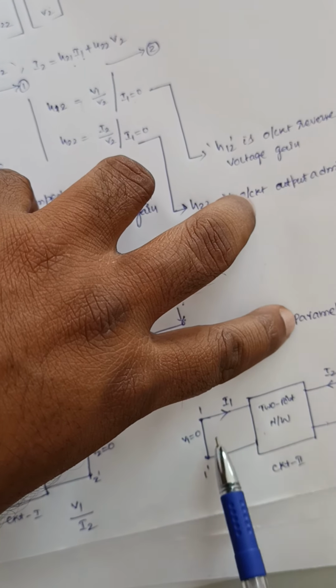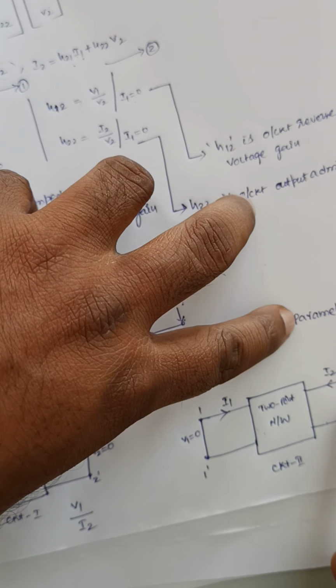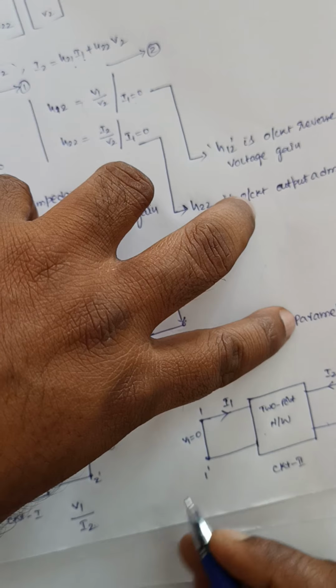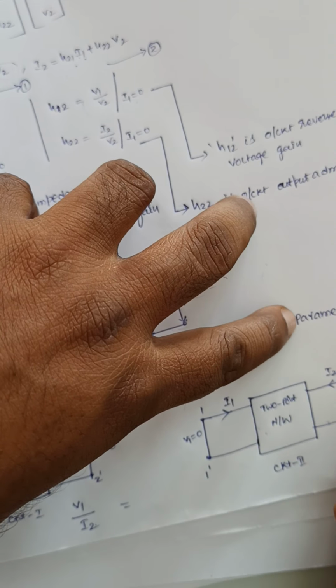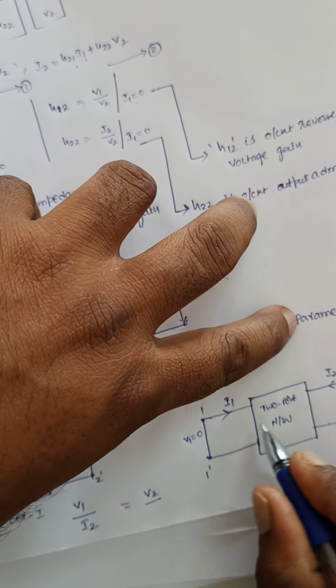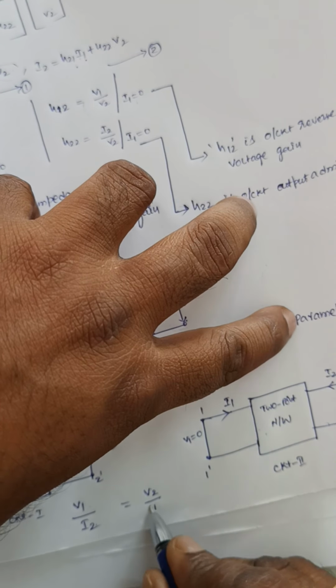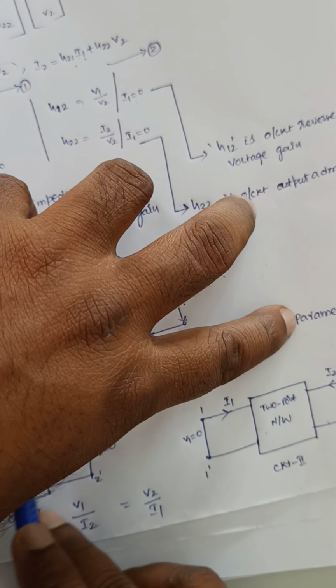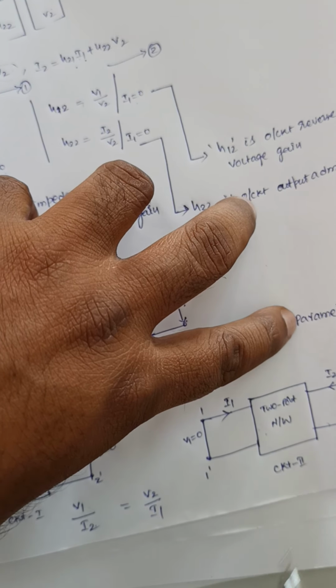Here the excitation is changed from here to here, the response is changed from here to here. That means V1 by I2 is equal to V2 by I1, where V2 is here and response should be taken at the other port. Okay, then only this two-port network is said to be reciprocal.